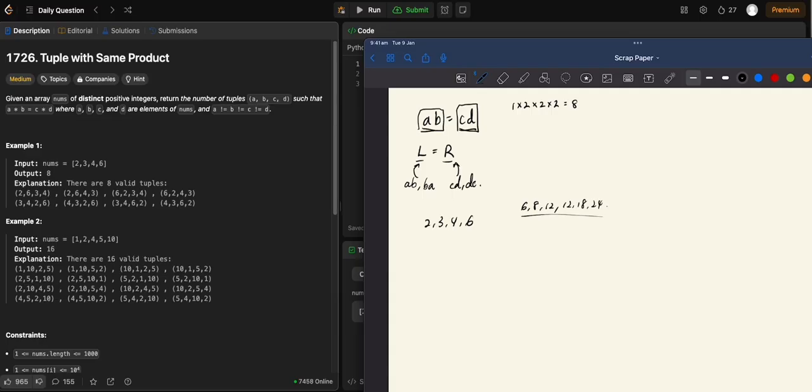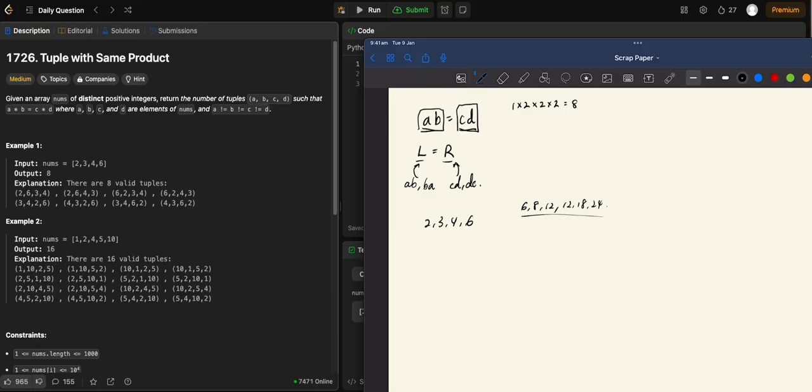But my concern is, would there ever be a possibility where we have two different pairs that form the same product, but there are some numbers overlapped? Well, that couldn't be possible.